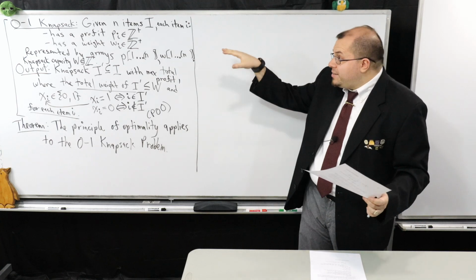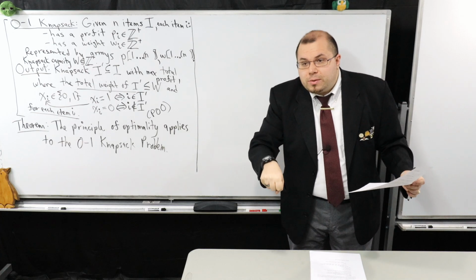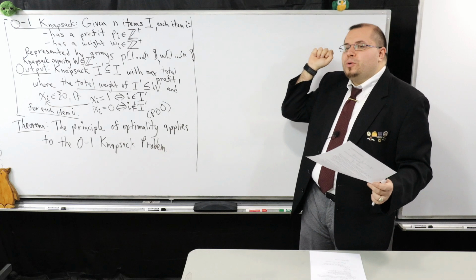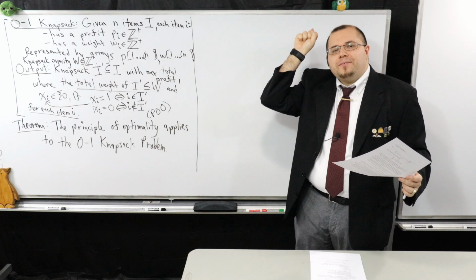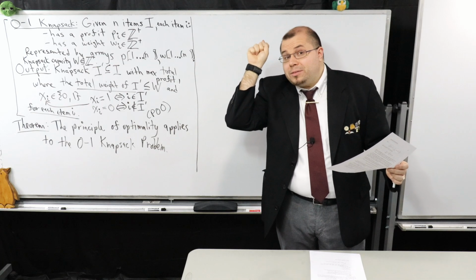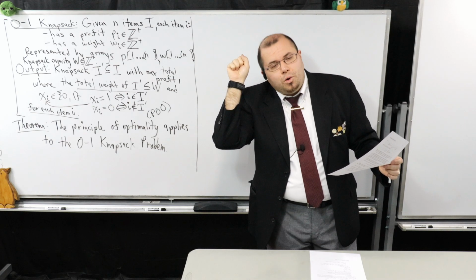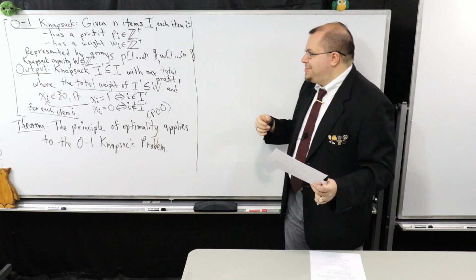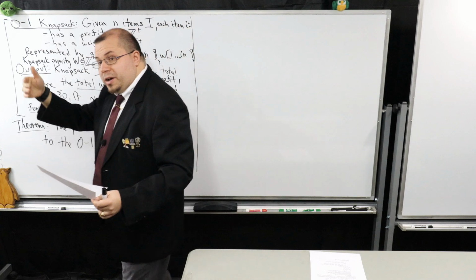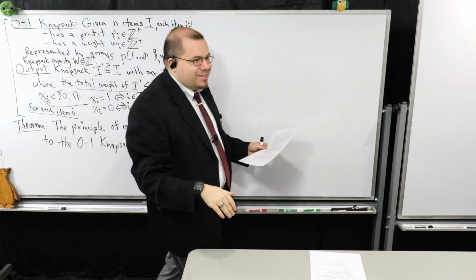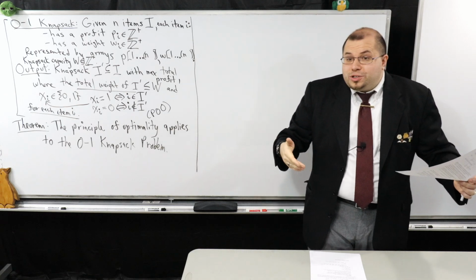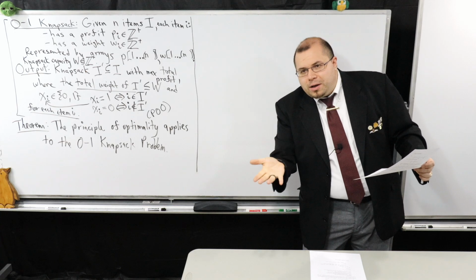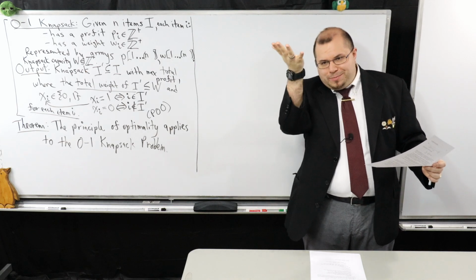For example, in our case, if I remove one of the items from an optimal solution, whatever is left would be an optimal solution for the instance where I don't have that item as part of my collection of items. This works its way all the way down until I consider one item, or two items, or three items. That's how we're going to use dynamic programming to build an optimal solution bottom up.